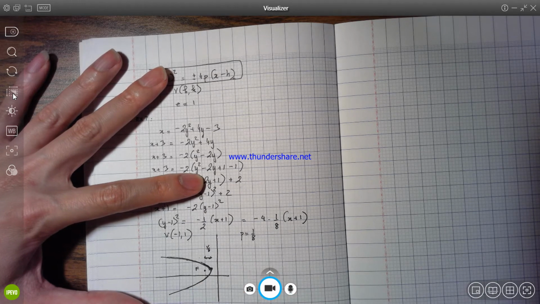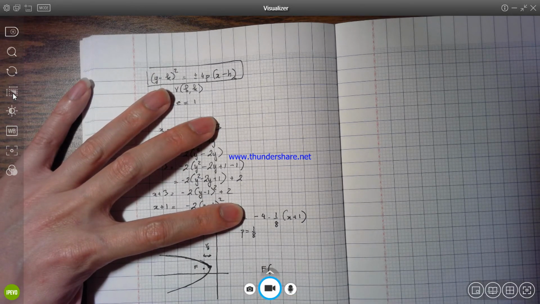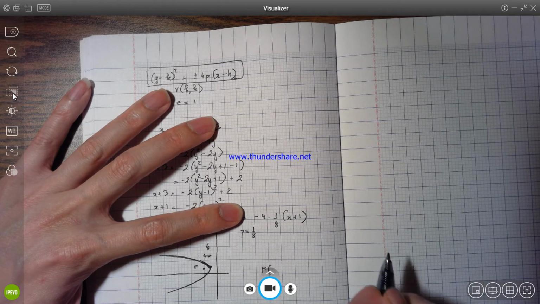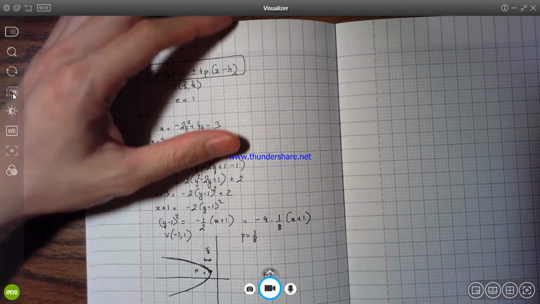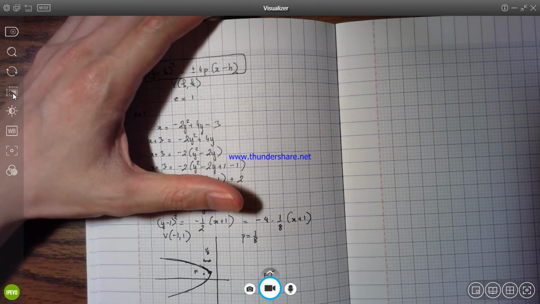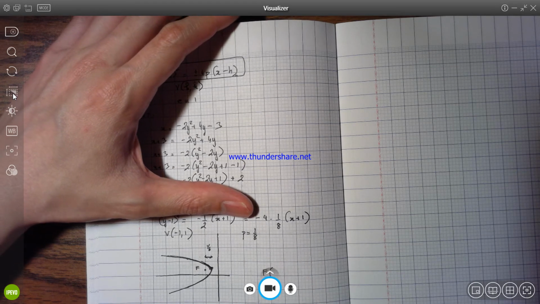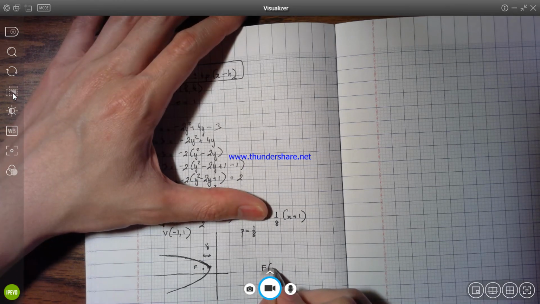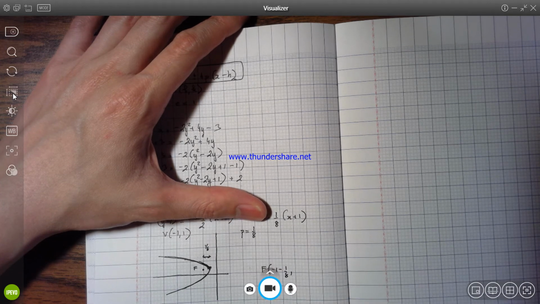Then the coordinate of F will be what? The y component will be 1, and the x component will be negative 1 minus 1/8.